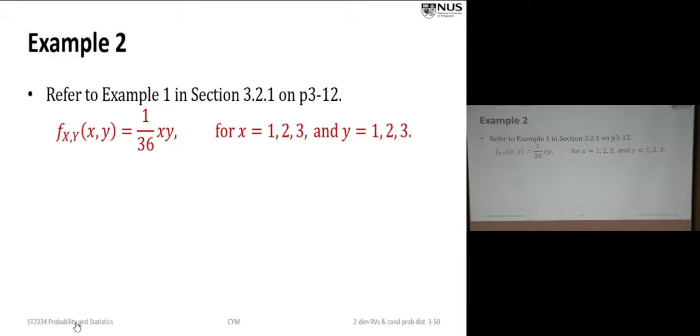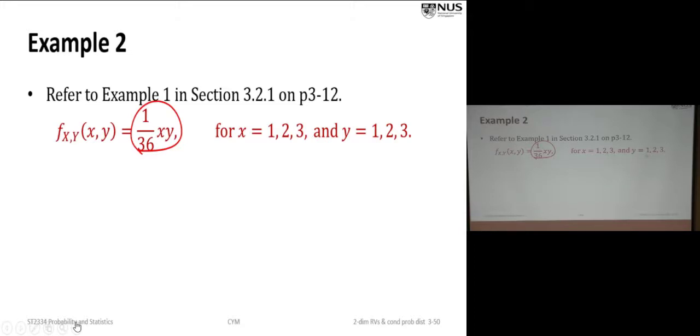So altogether there are only 9 possible values for this joint PDF. But maybe you also have to get used to expressing the joint PDF in a functional form, in a mathematical formula. This is valid for x equal 1, 2, 3 and y equal 1, 2, 3.